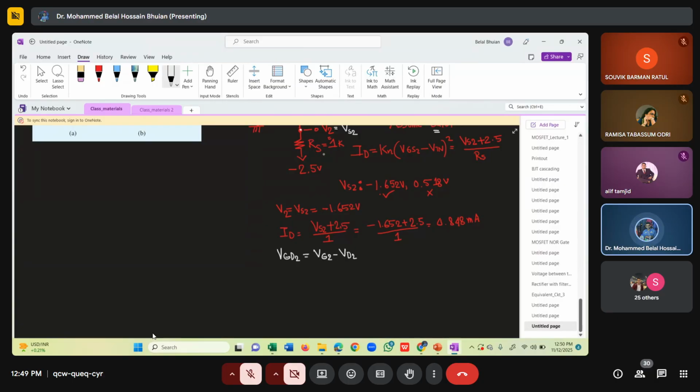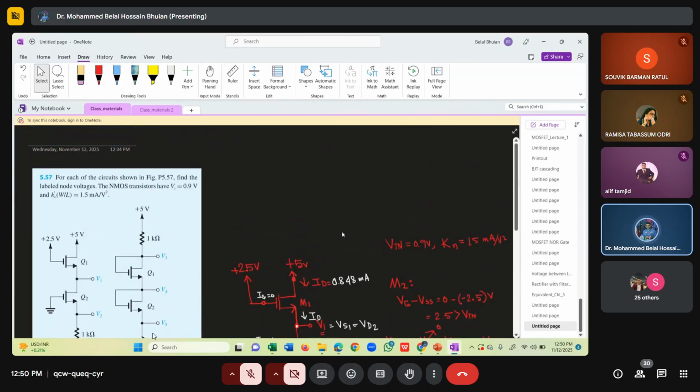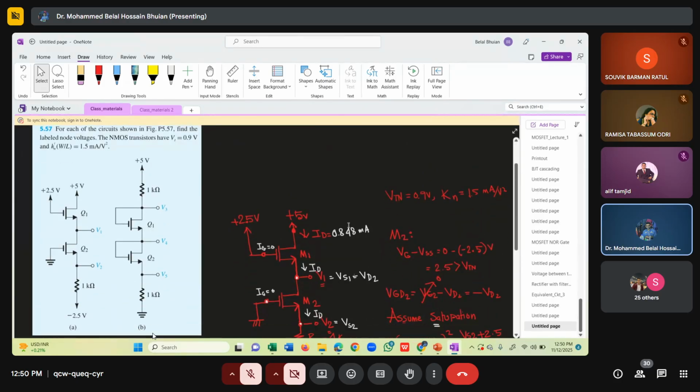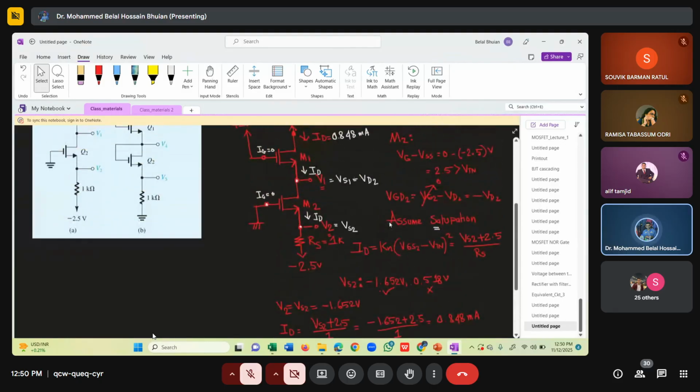But again, we don't know VD2 yet. So I can't justify this right now. First of all, I have to determine VD2 to do the justification. So how can we determine VD2? This is our VD2, which is our V1.